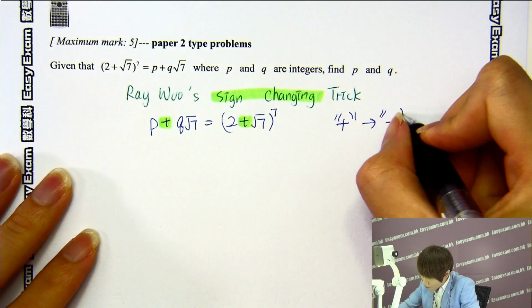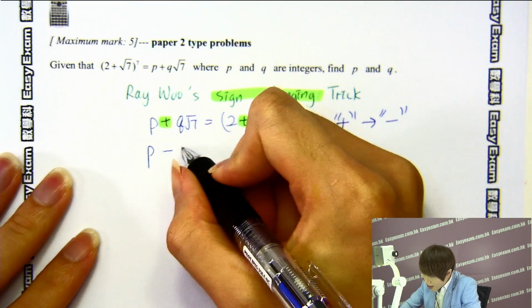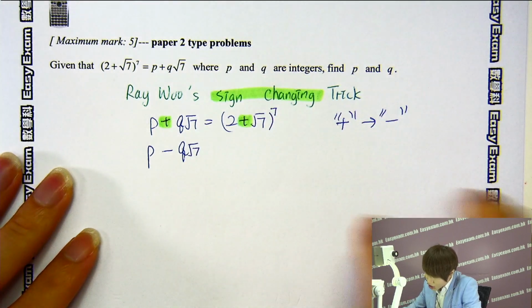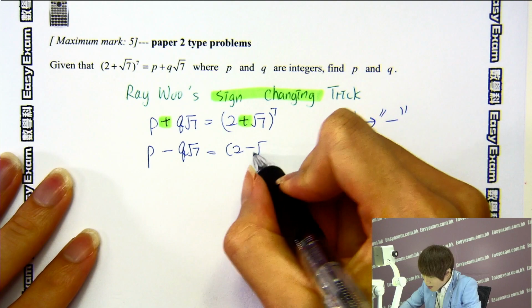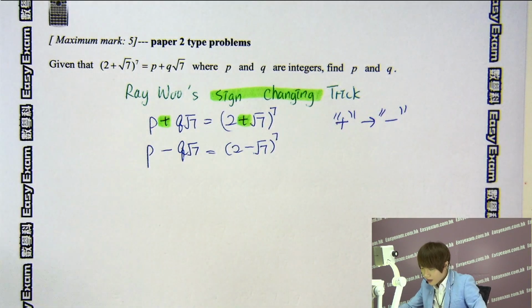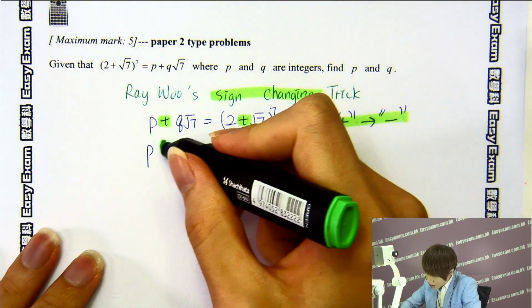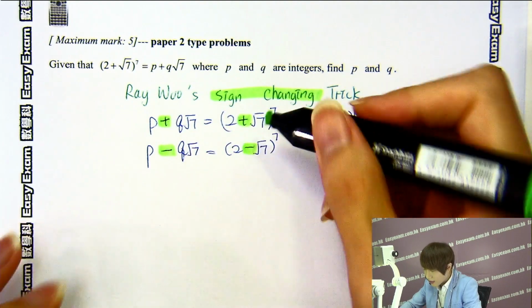So you will have p − q√7, yes, changing positive to negative, equals (2 − √7)^7. That's right, changing from positive to negative.